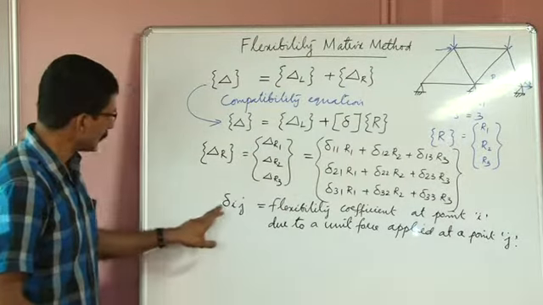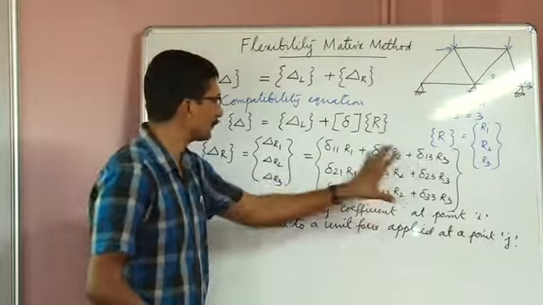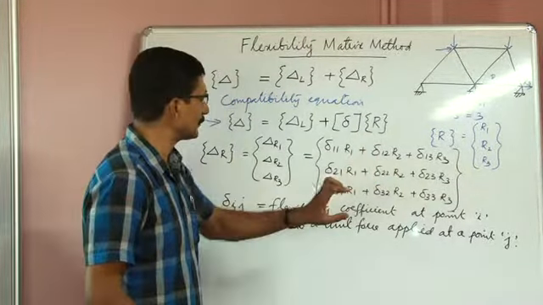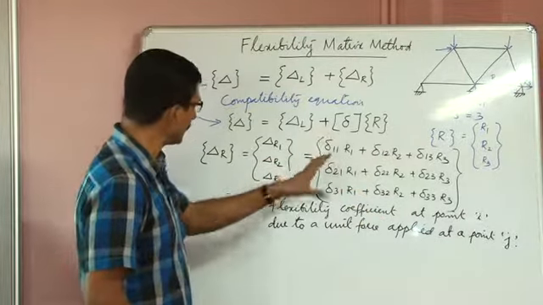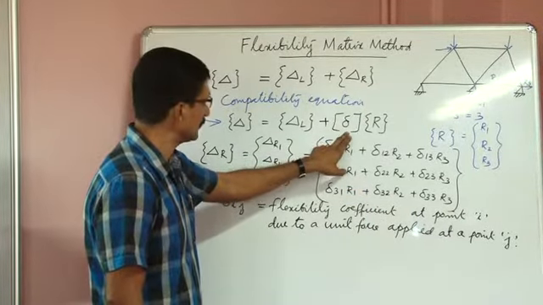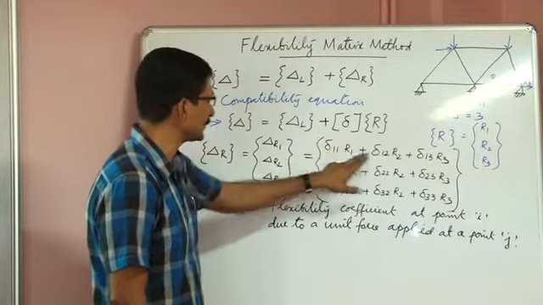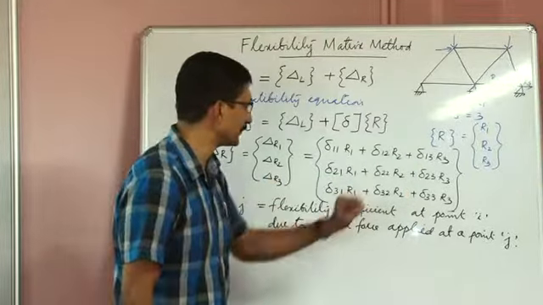So if you can find out this delta Ij of all these equations, we can write down delta R in terms of delta matrix into R vector. Delta matrix contains all these coefficients.